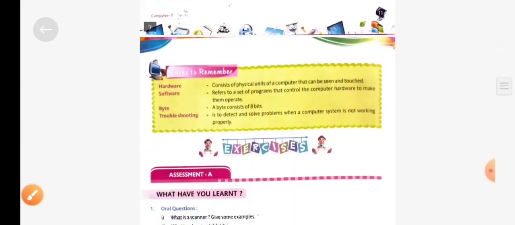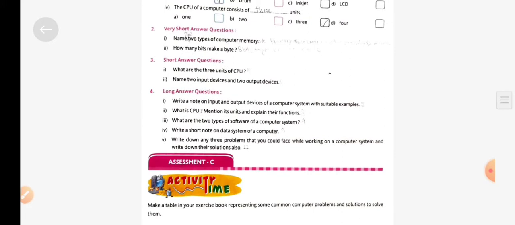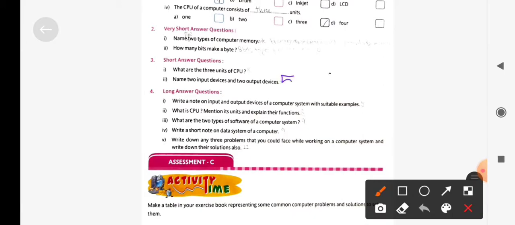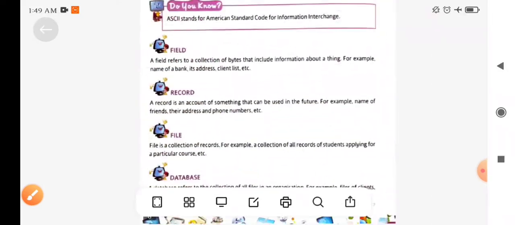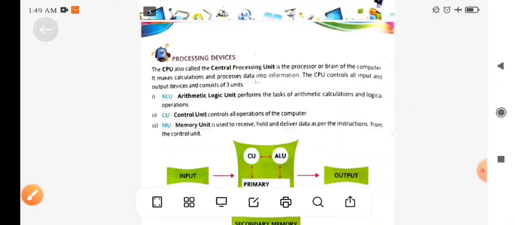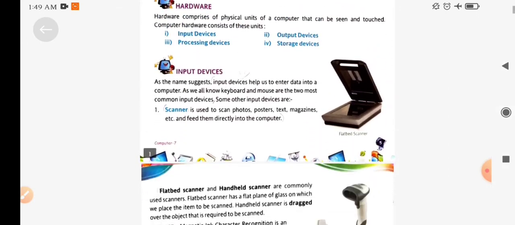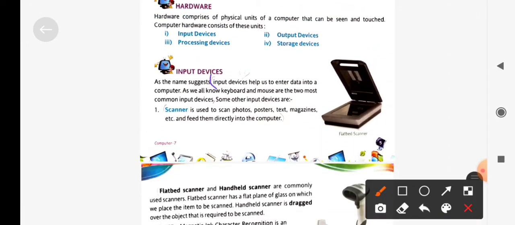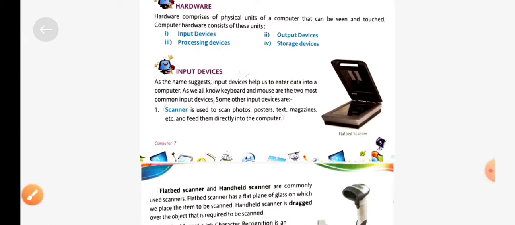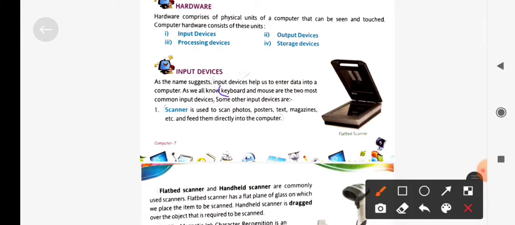Now see the second question of your short portion. We have name 2 input devices and 2 output devices. Okay, so for that you have to turn page number 5 firstly. So firstly let us deal with our 2 input devices. See what we have over here. Start writing from this line. Input devices help us to, okay, not from this line, you write down from here. Keyboard and mouse are the 2 most common input devices.